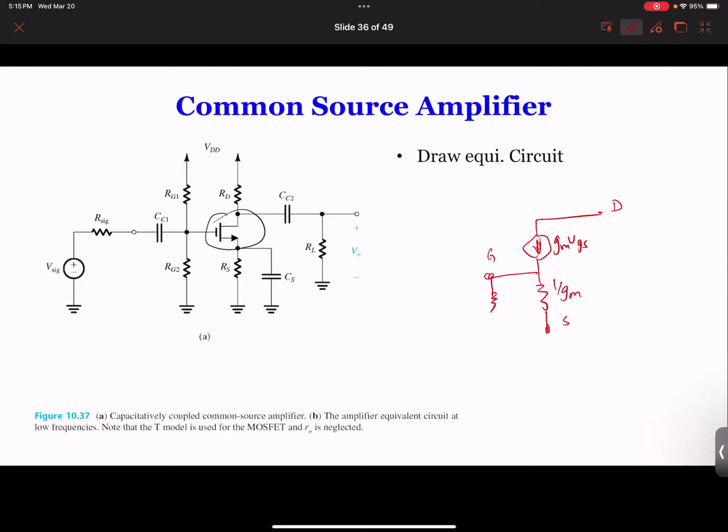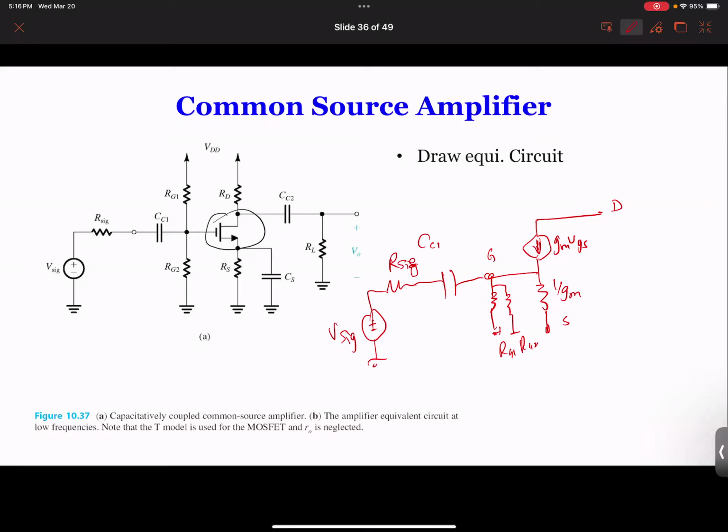So this RG1 and RG2, these two can be in parallel in the future. And then you see this capacitor CC1, and you can see a resistor, and this is your input. Okay, so that's everything connected to the gate.